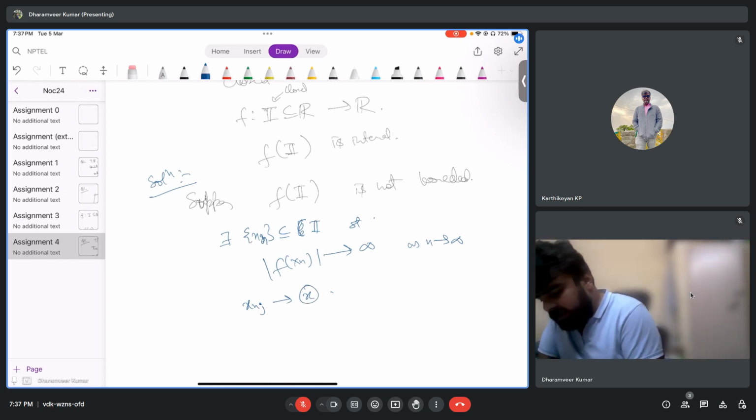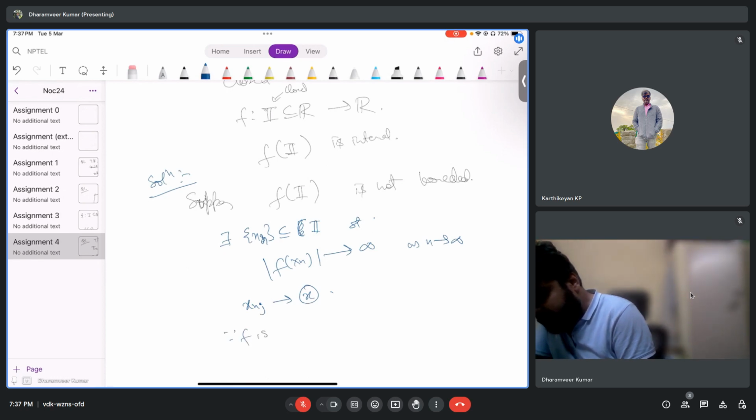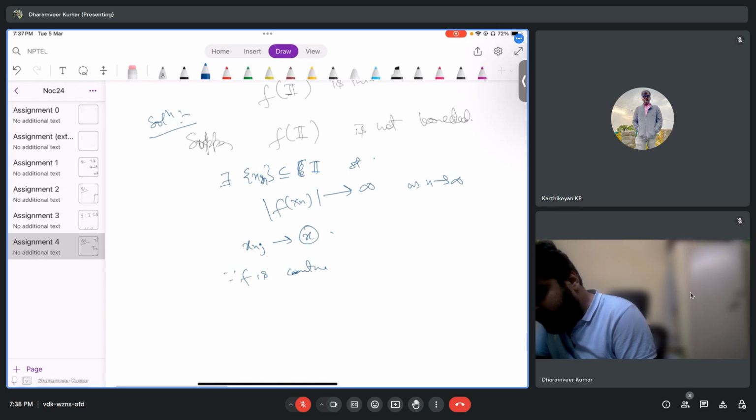Since f is continuous, here comes the continuity.